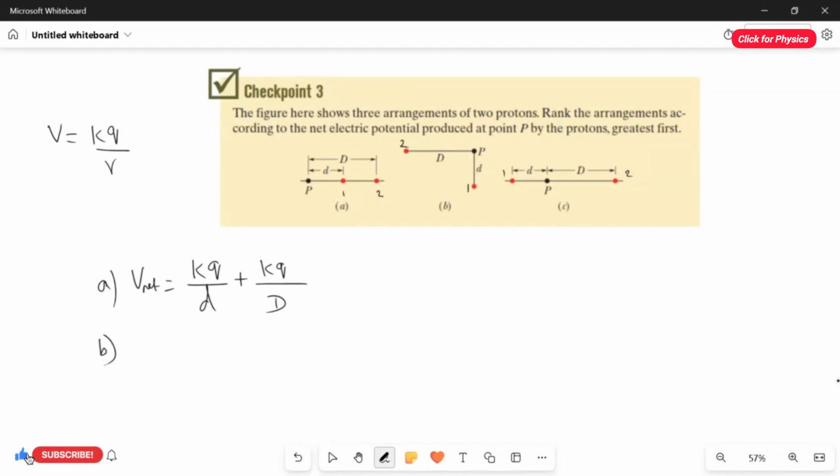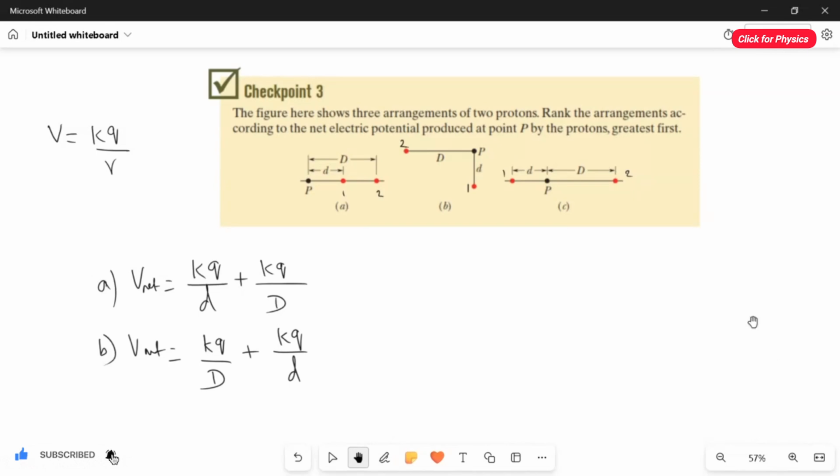Now we have to get the answer for the second situation. From this proton to the point P, V net is equal to KQ over caps D, plus for this proton, KQ over small d.